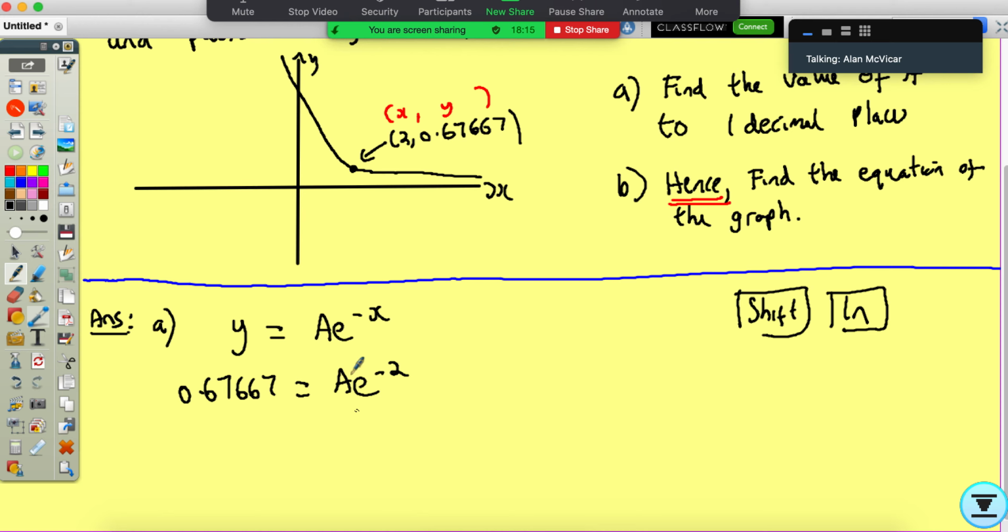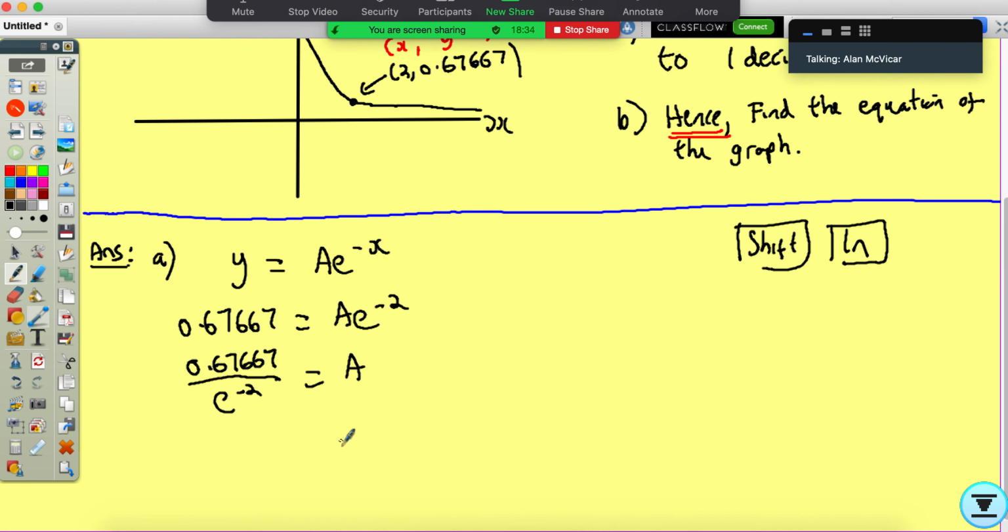What I'm going to do is, because I want to know what A is, and that A and that exponential are multiplying, I'm just going to take that exponential across and divide by it, like that. Because there's a wee multiply in there, so if you move it over to the other side, it becomes a divide. Right?